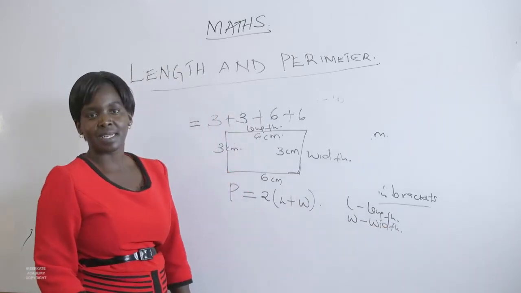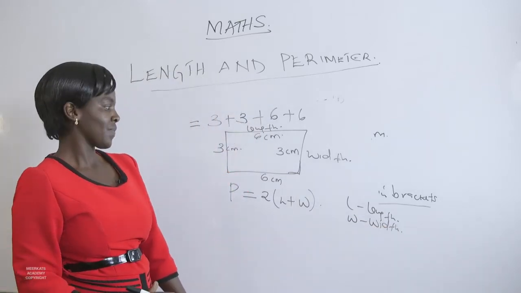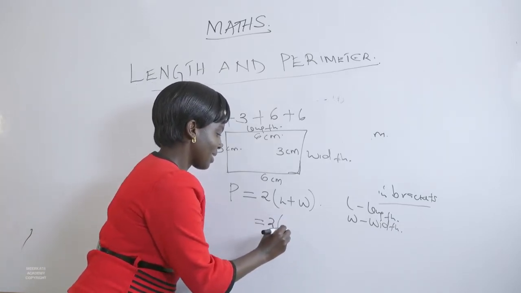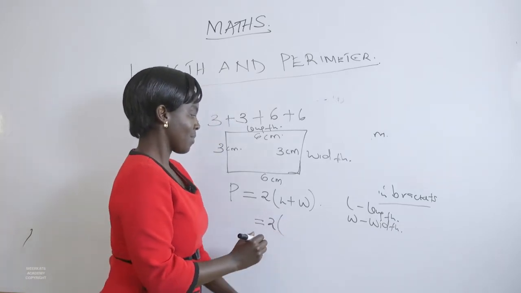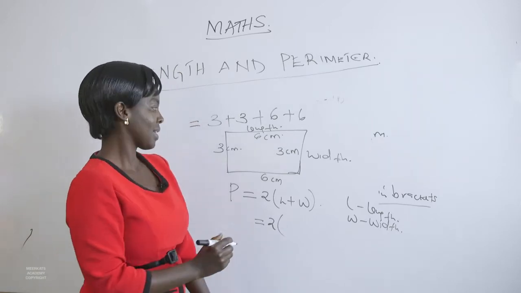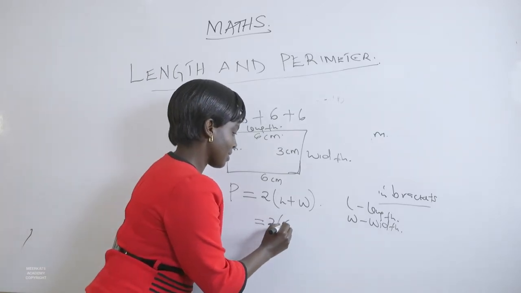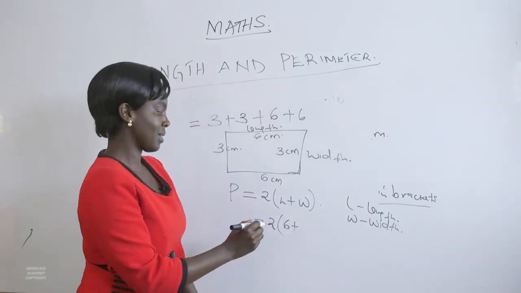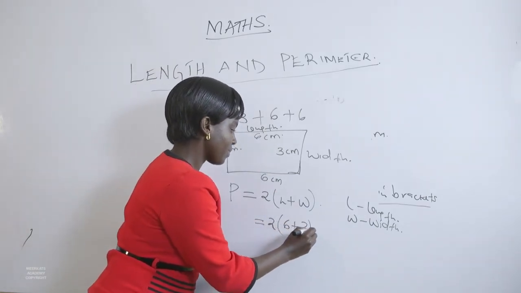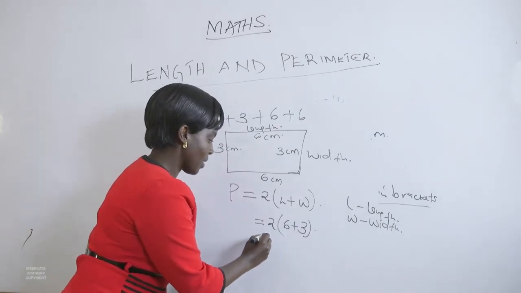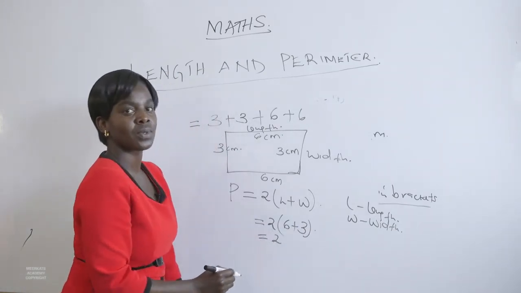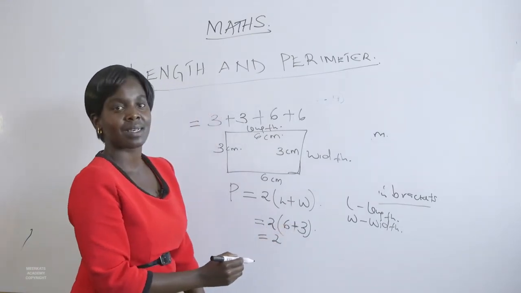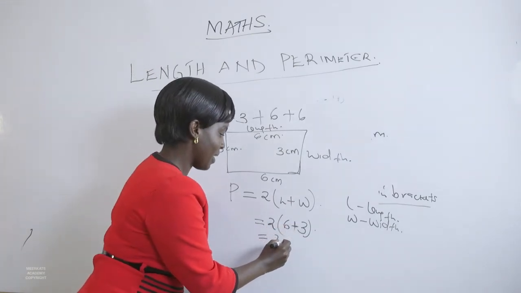So let us substitute in our formula. You realize that you shall get the same value. Our length is 6 from here. Our width is 3. What do we get? It will be 2. When you add the values in the brackets, we have 9.